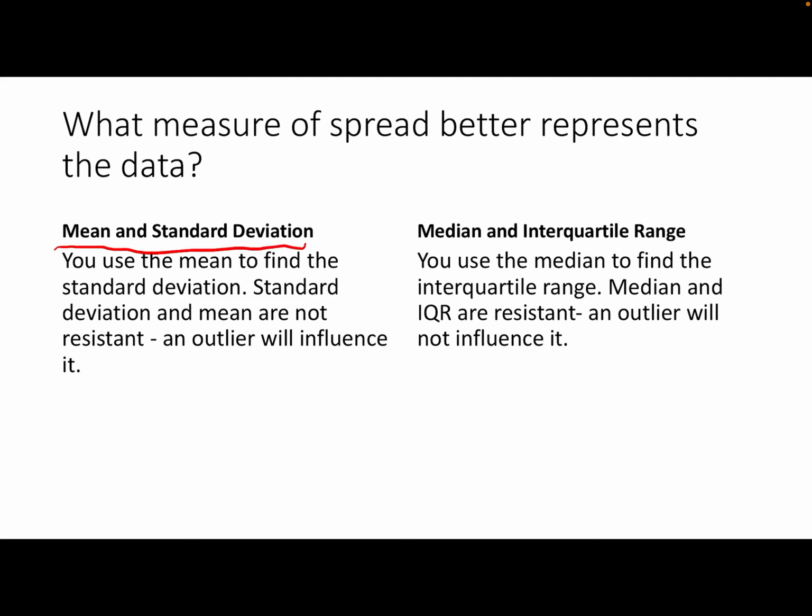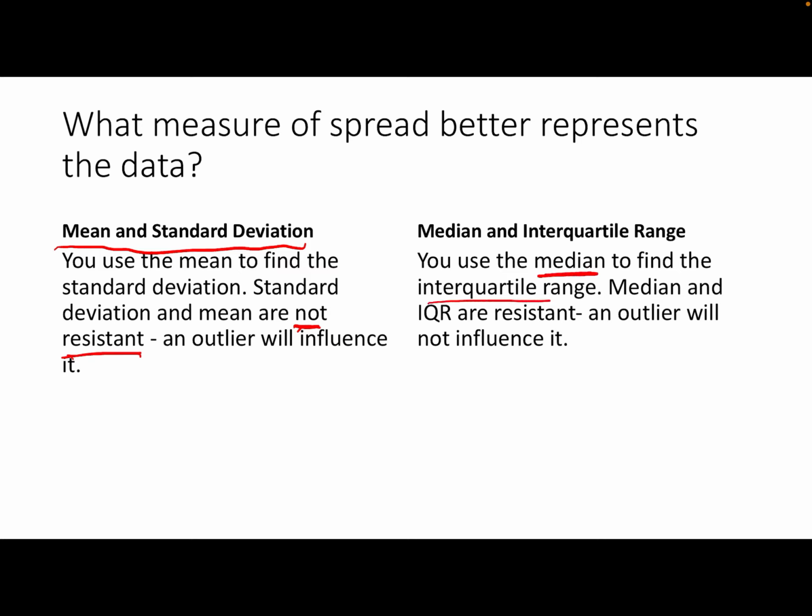So mean and standard deviation are always going to go together because you use the mean to find the standard deviation. Standard deviation is just your average distance from the mean. So they are what we call not resistant. An outlier will influence the value. Median and interquartile range, however, is resistant.